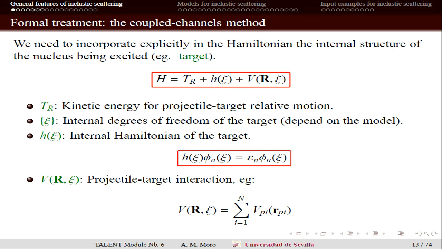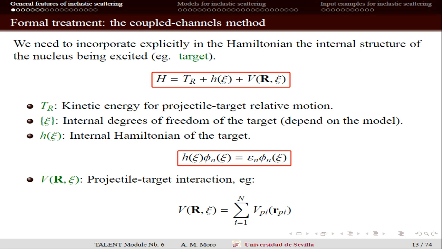So this Hamiltonian will contain some eigenstates. This is just to set our notation, with some epsilon n that are the internal energies. I will call this epsilon the internal energy, excitation energy, or binding energy. So it will be negative for the bound states and positive for the resonances and continuum, and so on. And then the projectile-target interaction will in general be the sum of the interactions of this P, which stands for the projectile, or the proton in our case, with each of the constituents of the target, the lithium-7.